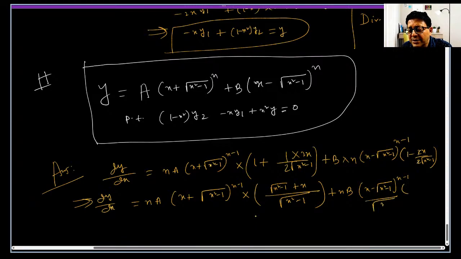Same thing is there, root x square minus 1 out. There will be root x square minus 1 minus x.